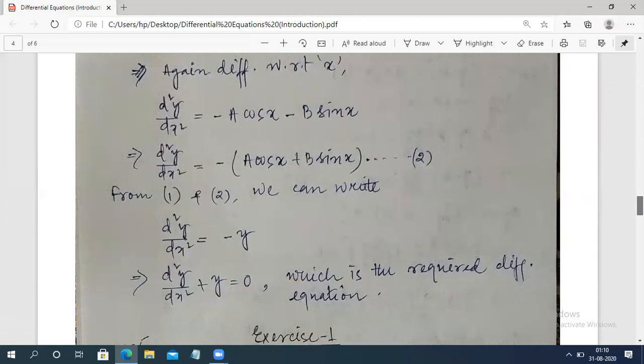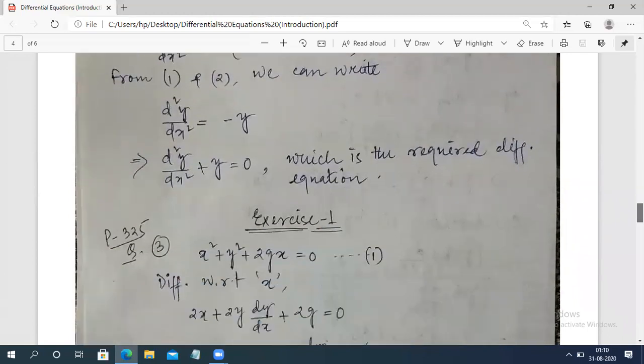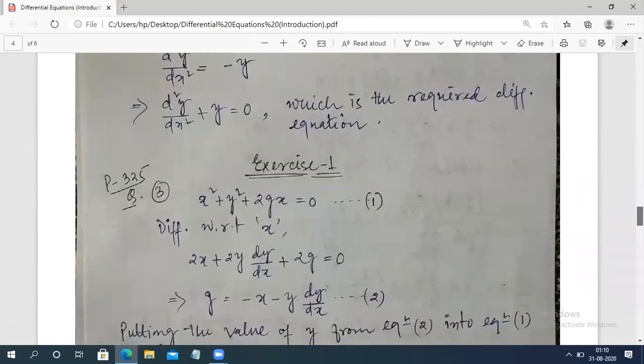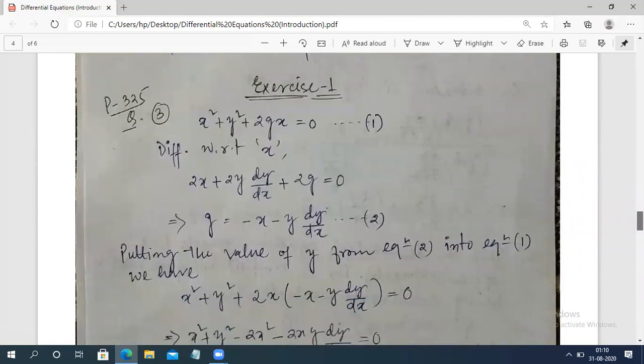Okay, now come to our exercise on page number 325. In question number 3, it has been asked to find the differential equation of a system of circles touching the y-axis at the origin, whose equation is given by x square plus y square plus 2gx is equal to 0.